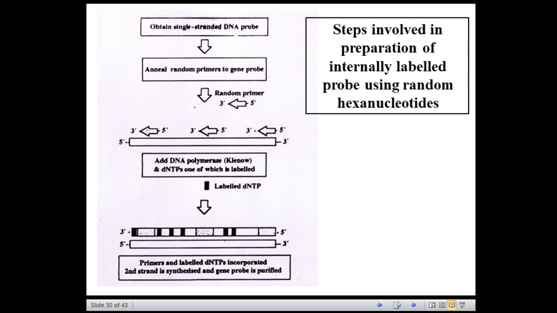Now the Klenow fragment of DNA polymerase is used for random primer labeling because it lacks 5' to 3' exonuclease activity.